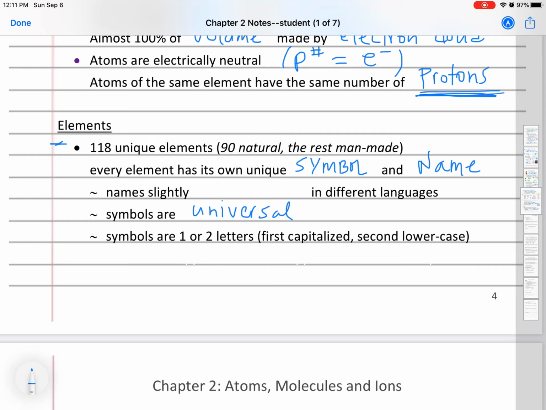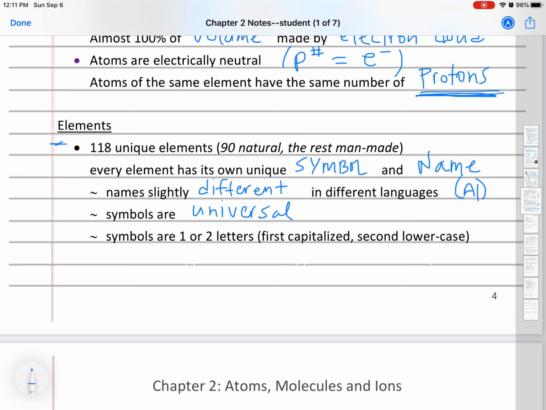But the names are slightly different in different languages. The classic one is aluminum. Aluminum is how we say it in the US, but in British English, it's pronounced aluminium. So that's not a mispronunciation, it's an actual difference in pronunciation.